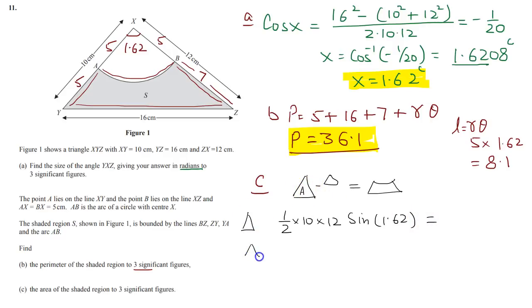Now the area of this arc will be, that is area of arc is what? The formula is half r square theta, this is half AB sine theta. So half r square is, radius is 5 square, theta is 1.62.